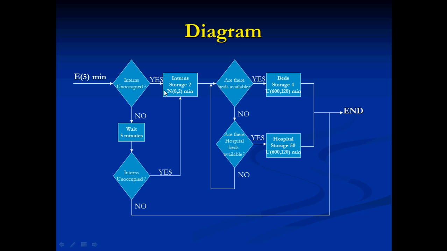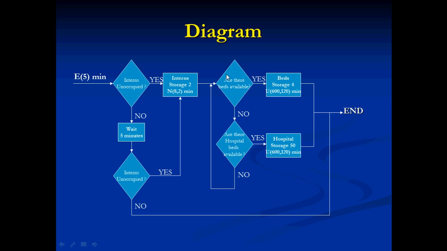Once they get the attention, they look for a bed. If there are beds available, they go to the beds on the emergency room, which is a storage of 4, and they spend 600 minutes with a standard deviation of 120, and they finish the process.